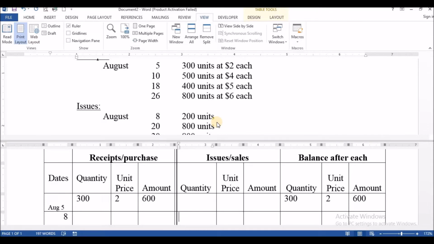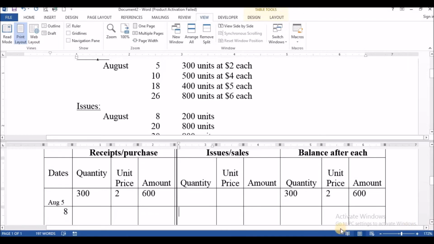For the most part, stock is always valued at the purchasing price. There are situations where CSEC will ask you to use the selling price in this section, but that should not affect the balance on this side. So you would still record it at the purchasing price in the balance section.